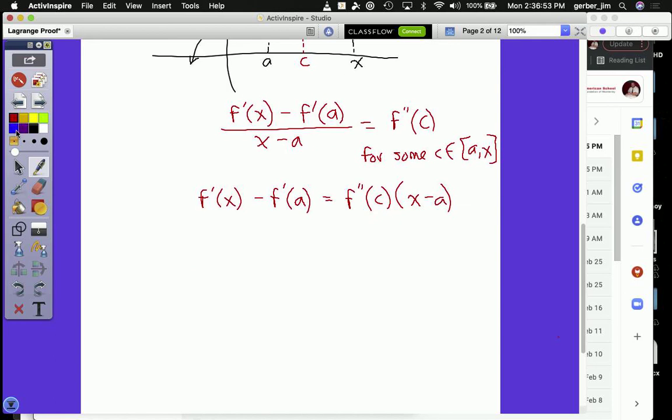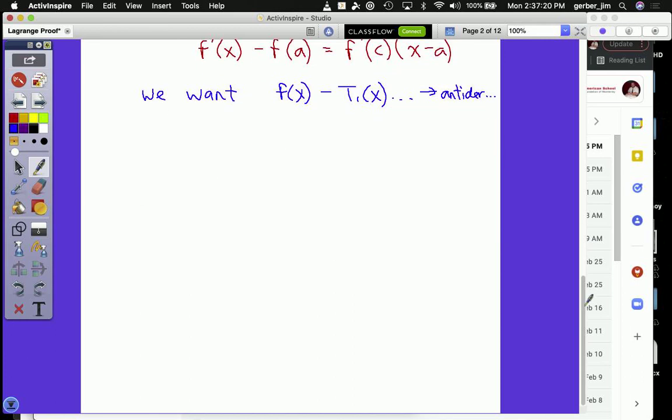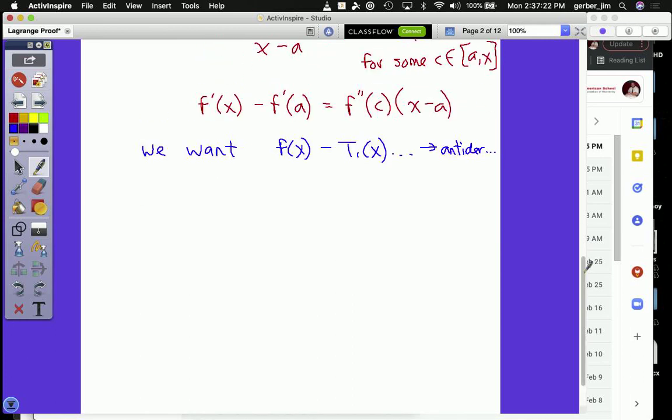What we want is to end up with f at x minus T1 at x. And so in order to get that, we see that we're kind of close. We're going to need antiderivatives. We're going to need to anti-differentiate this thing. So let's go ahead and do that.